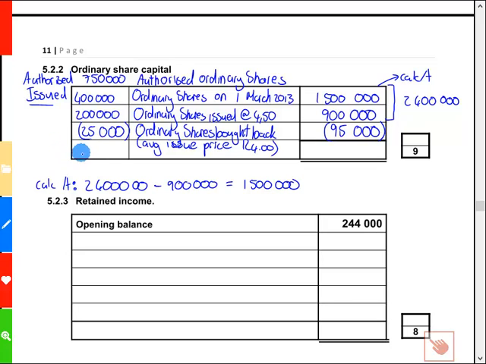Then you can always put your total down here at the bottom. We simply have to total that and total these three. If we do that, we're going to get 575,000 ordinary shares on 28 February.